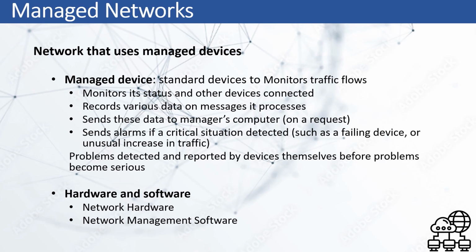Problems are detected and reported by the devices themselves before they become serious. And we also have the hardware and software: the network hardware devices and the network management software.